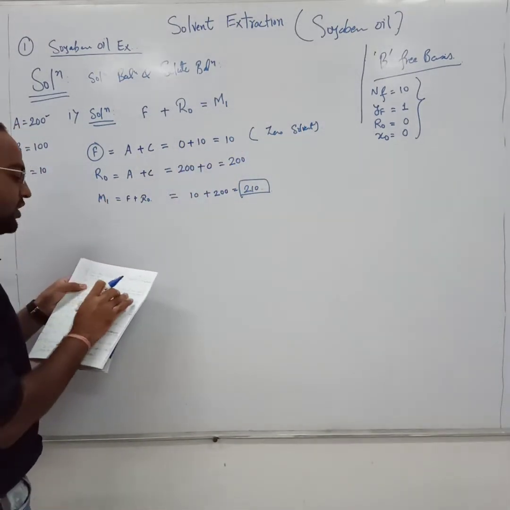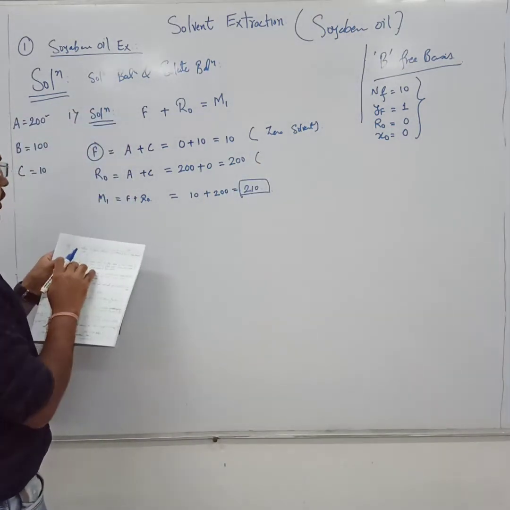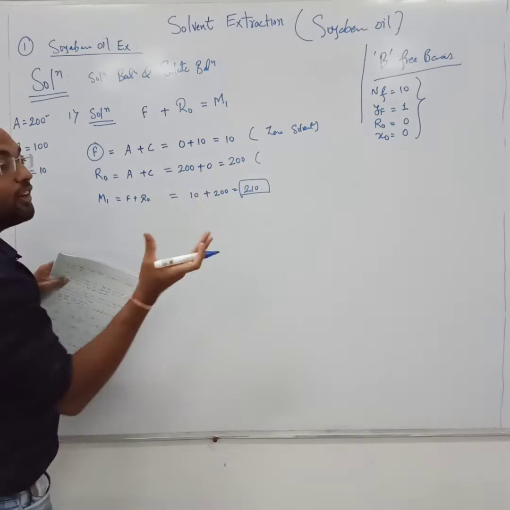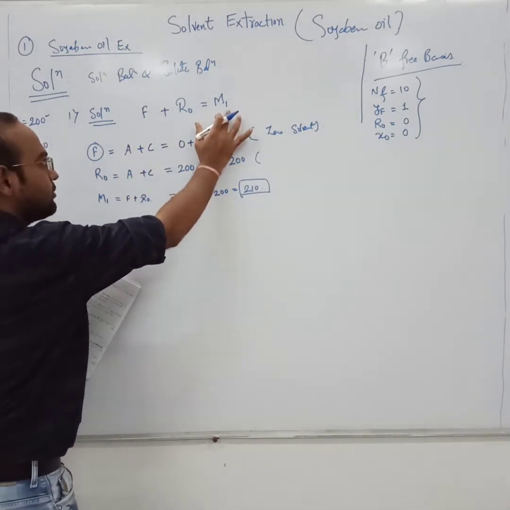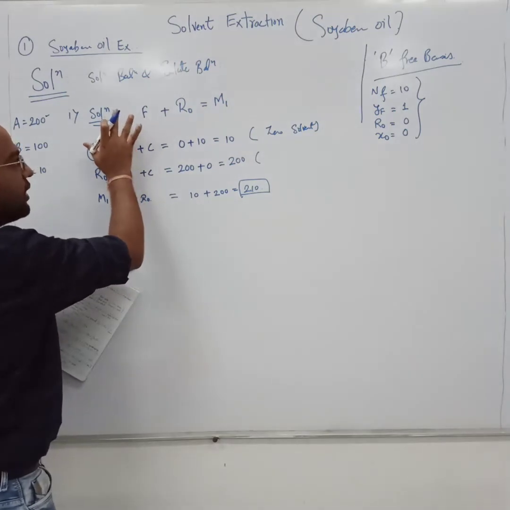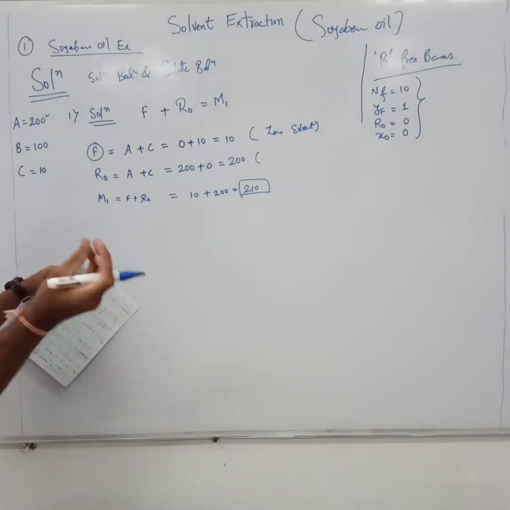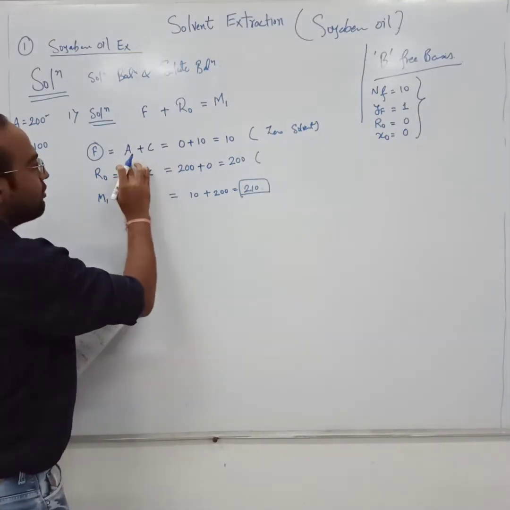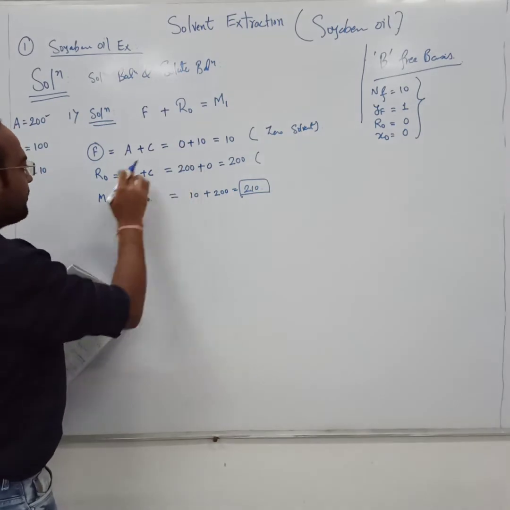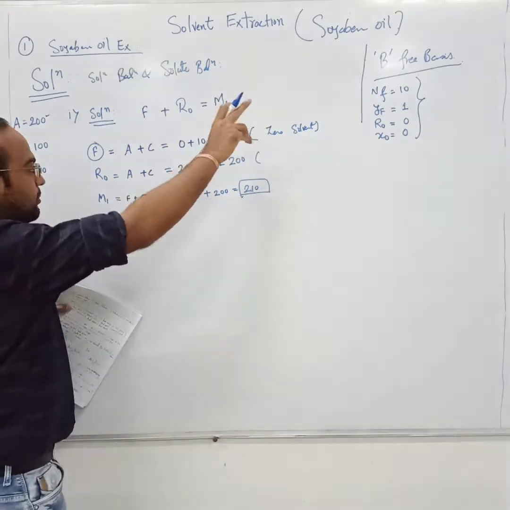Now the next thing shows us our feed solvent. We are talking about solvent, our mixture, how we get the mixture. Soybean oil seeds plus solvent gives us the mixture, and our soybean oil seeds, the initial mixture, is insoluble solid material plus oil, but there is no solvent, that's why we put 0 in terms of A. Now R0 equals again A plus C, because calculations are carried out on a B-free basis.